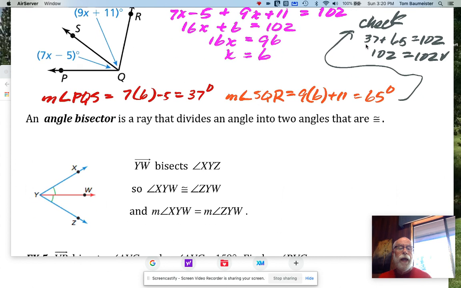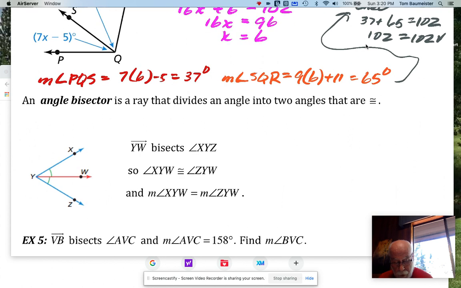Okay. Now, if the angles are the same, on this one here, it says an angle bisector is a ray that divides an angle into two angles that are congruent. So if we look at it here again, since it's black and white on yours, it is showing you that this one here and this one here are the same. I put tick marks on there to show you. So we know that YW, the ray, is on the interior of the angle.